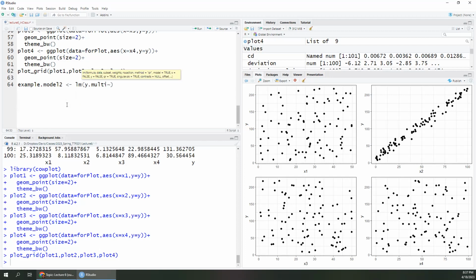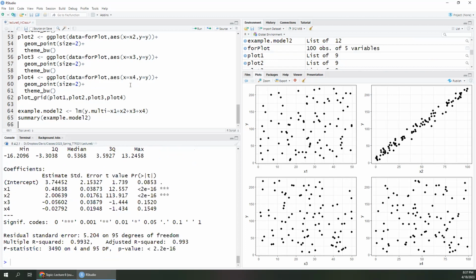I'm going to regress y.multi against x1. And in order to add multiple ones, you can do something like this. This is linear in parameters. I can simply add up all the variables and it will create a coefficient for each one. And we can look at the summary.